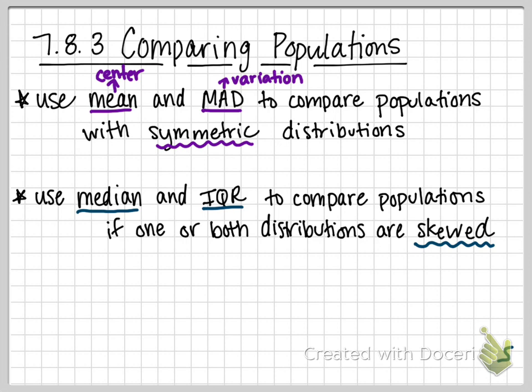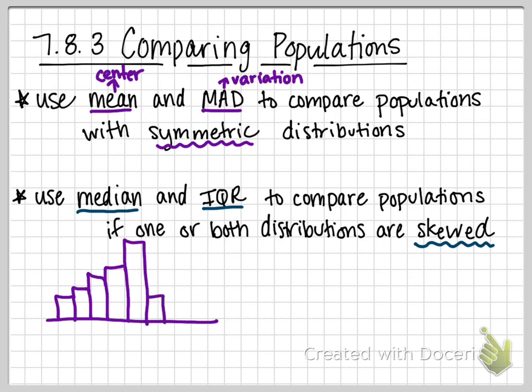On the other hand, if you have two populations with skewed distributions, so perhaps we have one population and the data looks like this, something like that. Okay, we would say that this data is skewed left because the tail is going to the left.